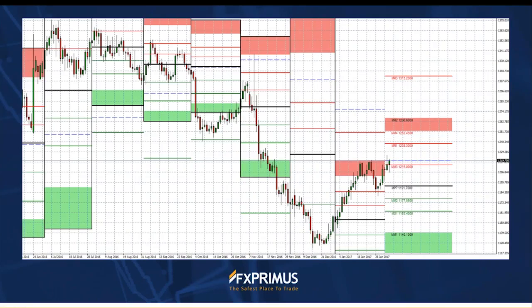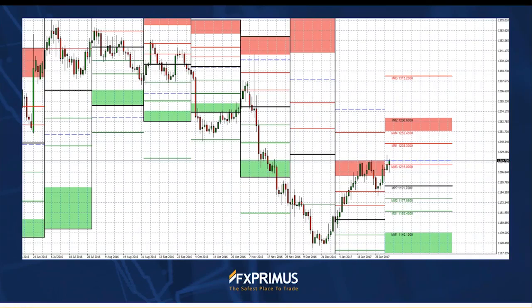Got monthly pivot points. Right, there you go. Okay, so this is a daily chart, and as you can see, there's something interesting going on with the monthly pivot points. We're at monthly M3. We're just above it a little bit, but roughly around the area.